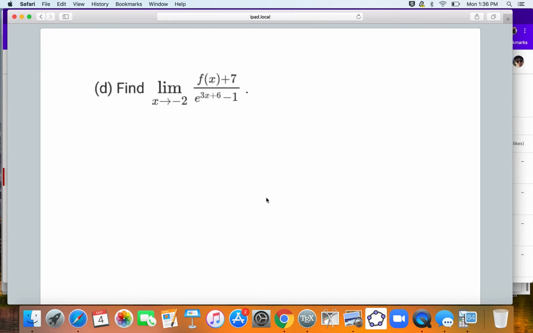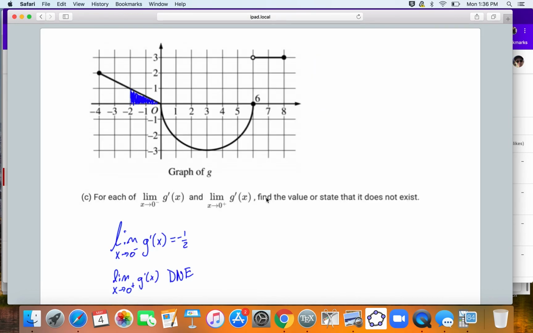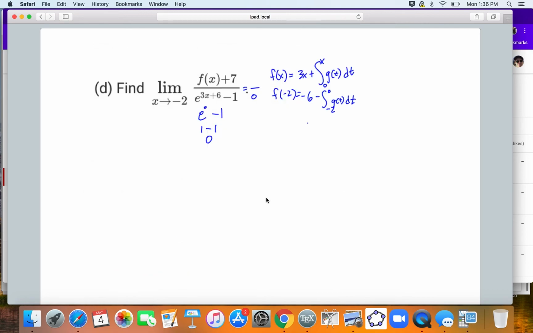So, sorry, what is that? Base, half base times height, so half 2 times 1, so 1. So my numerator is going to be, that's 1. Oh, sorry. No. So that's -6 minus 1, which is -7. So my numerator is going to be -7 plus 7, which is also 0. So that's 0 over 0, which is indeterminate.